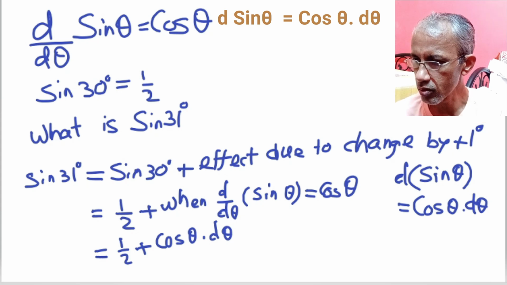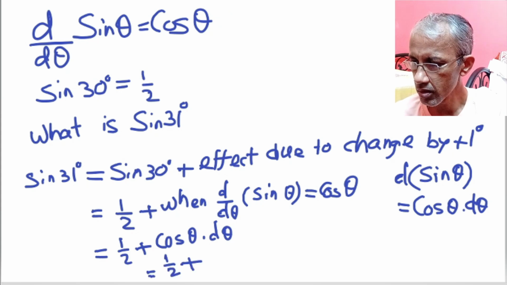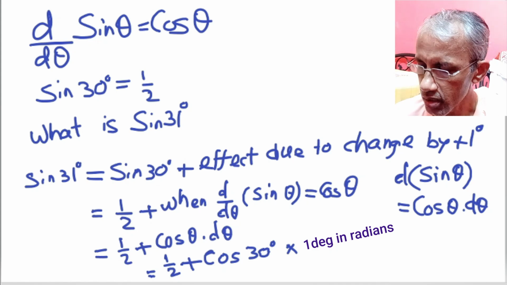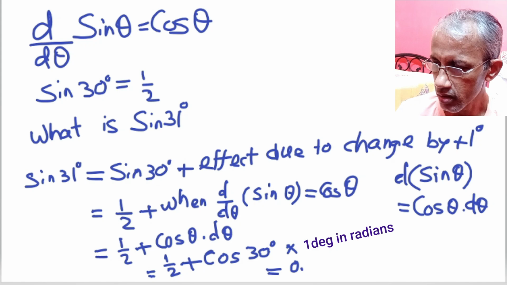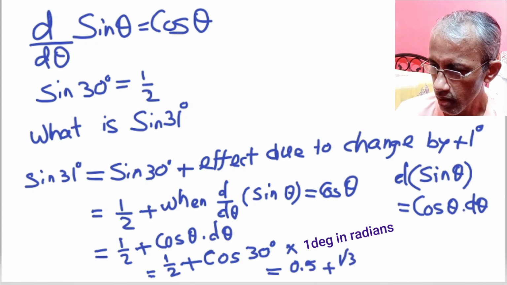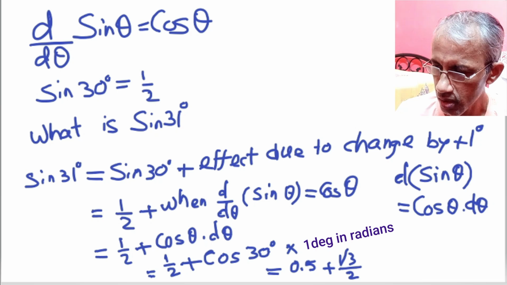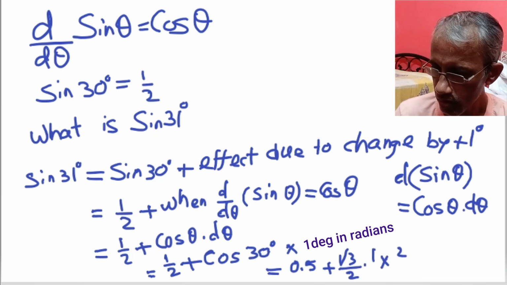So that will be equal to half plus cos 30 degrees into d theta in radians, that is for 1 degree in radians. That is equal to 0.5 plus cos 30 degrees, which is root 3 by 2, and 1 degree in radians will be equal to 1 multiplied by 2 pi over 360.